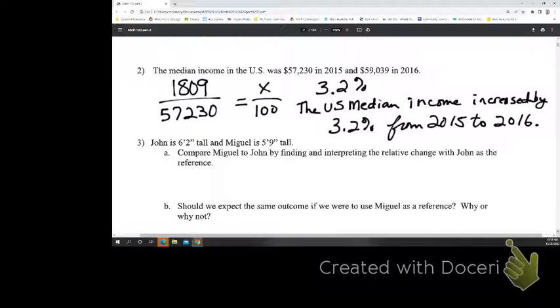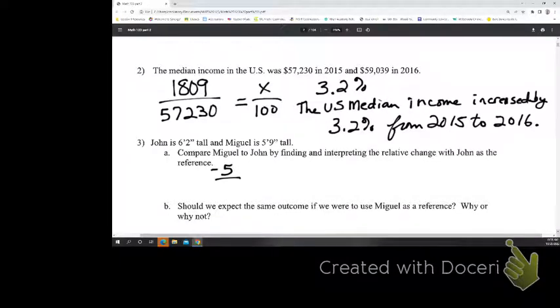So here's where things get interesting. If we are comparing John and Miguel, we're not saying who's the oldest. We have to think of it with different people as the reference. So we already found out they're 5 inches of difference. But Miguel is actually 5 inches shorter, so I'll make that -5.